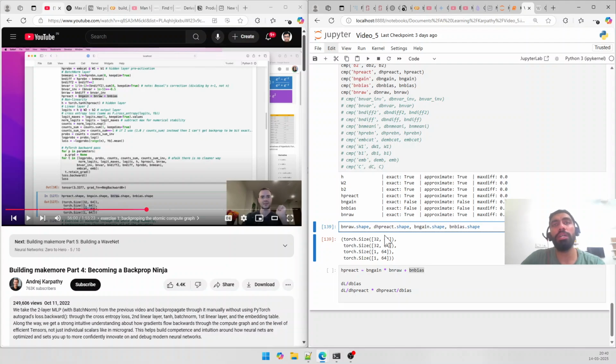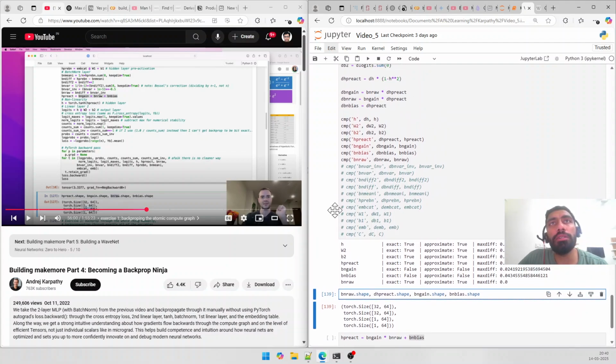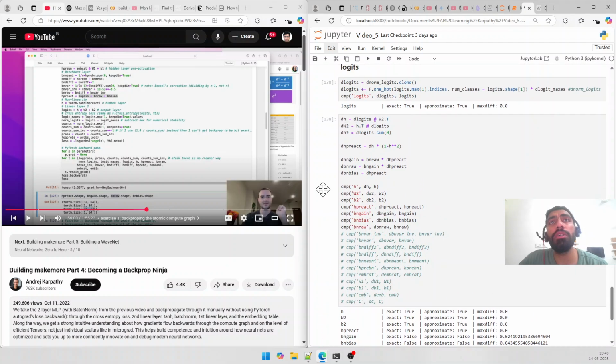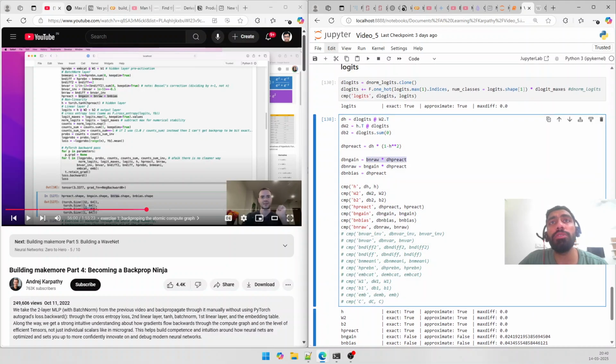So when we do that, bn raw is 32 cross 64, multiplied by HP react, it should work.